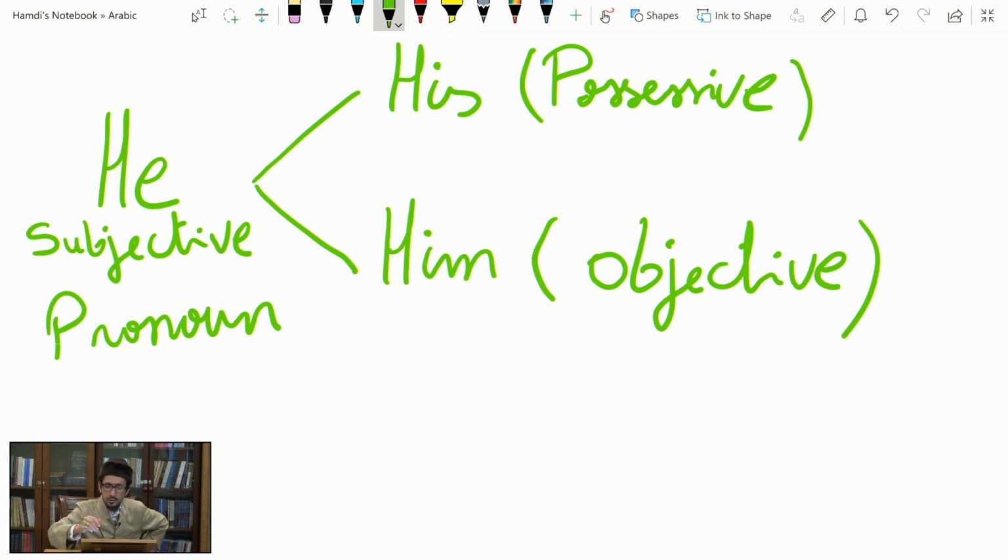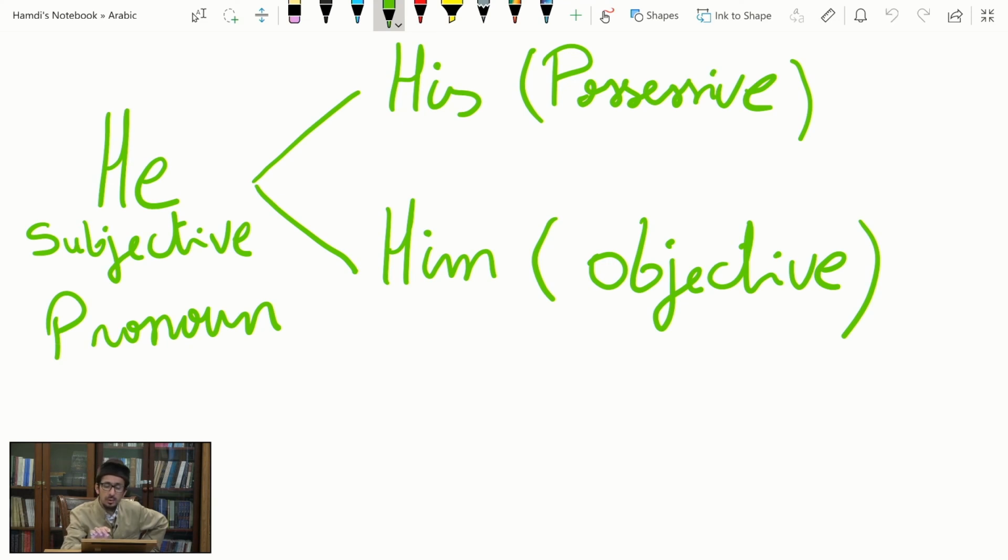This one they call it possessive because it means you possess that thing. You have a noun after it, or it is referring to a possession. This one refers to a human, usually. It refers to the object, not a possession, not a thing.